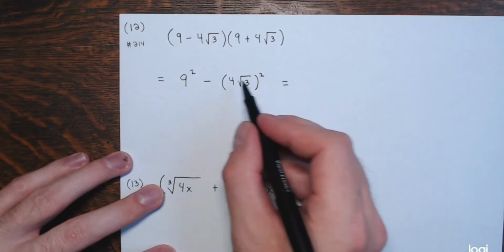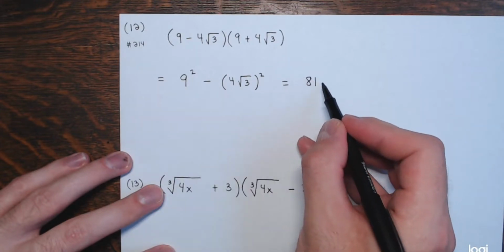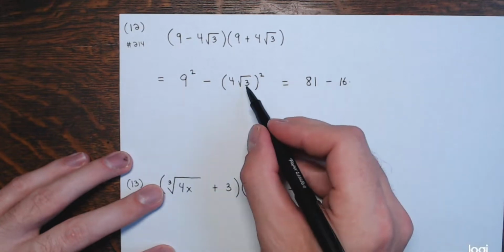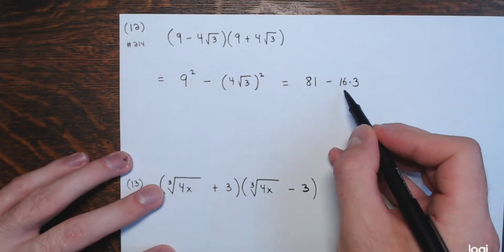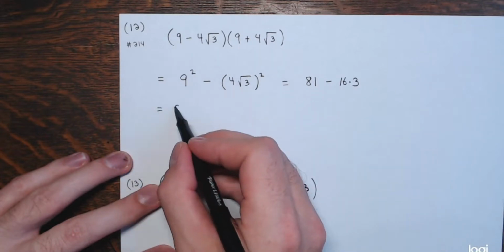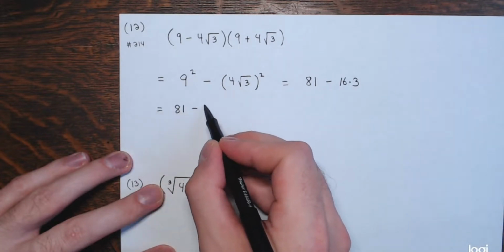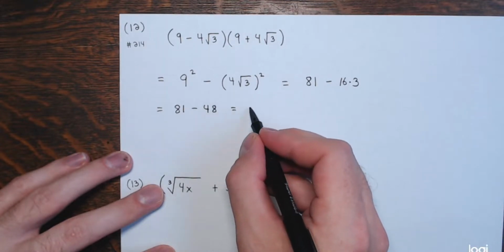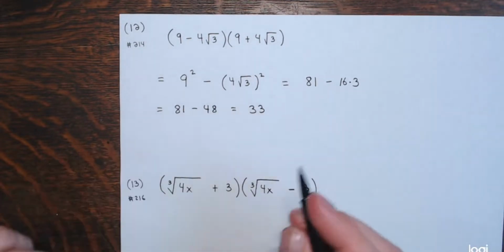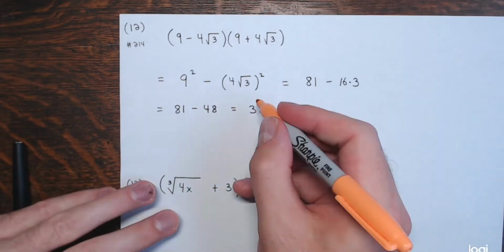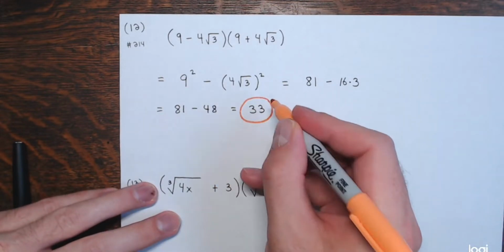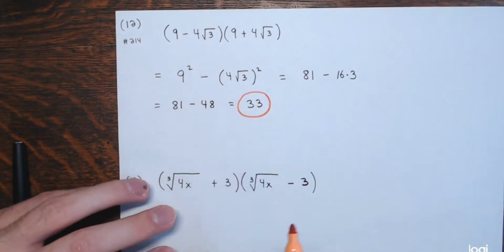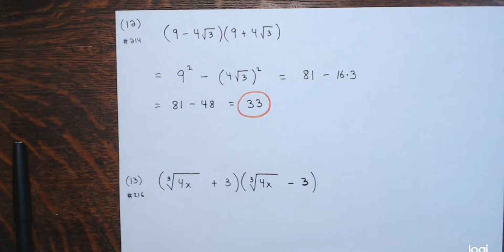Now 9 squared is 81 minus, and then 4 squared is 16, square root of 3 squared is just 3, so you have 16 times 3, which is 48. So you have 81 minus 48, which is 33. All right, so you end up with 33 here. And again, I leave it to you to check with a calculator, punch in the original expression and see if you get 33 back, and you should.